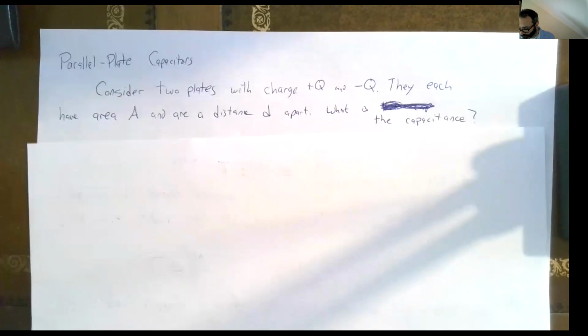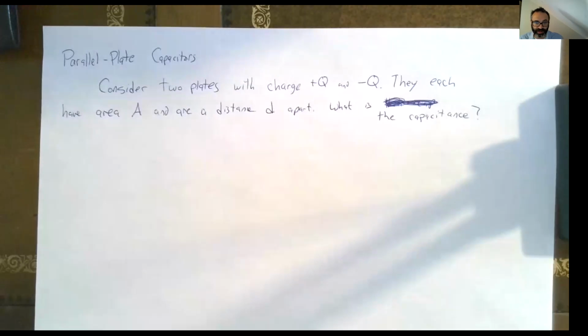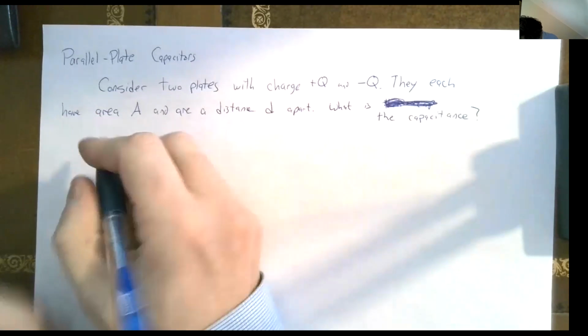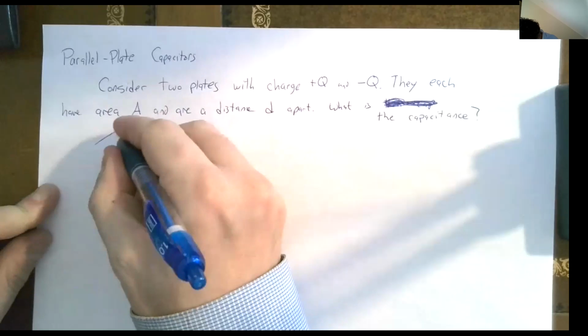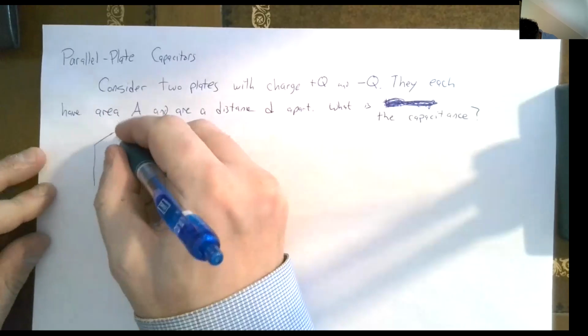All right, so what we're going to do now is consider 2 plates with charge positive Q and negative Q. They each have an area A, and we put them a distance d apart. And we want to know what the capacitance of this is, right? And this is basically any parallel plate capacitor. So if we draw a diagram, it's going to look something like this.